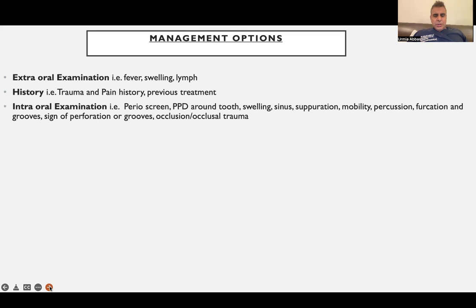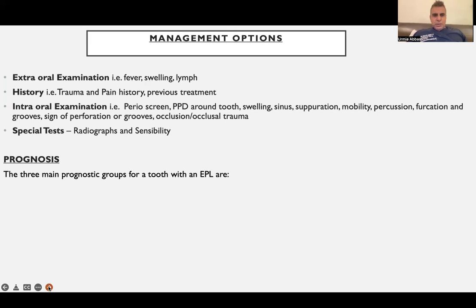Then intraorally, you need to do perio screening. You probe around the teeth, check swelling, sinus, suppuration, mobility, percussion, furcation, grooves, signs of perforation, occlusion, and then you also check occlusal trauma. You also check tooth sensibility, which is hot and cold tests, and radiographs.